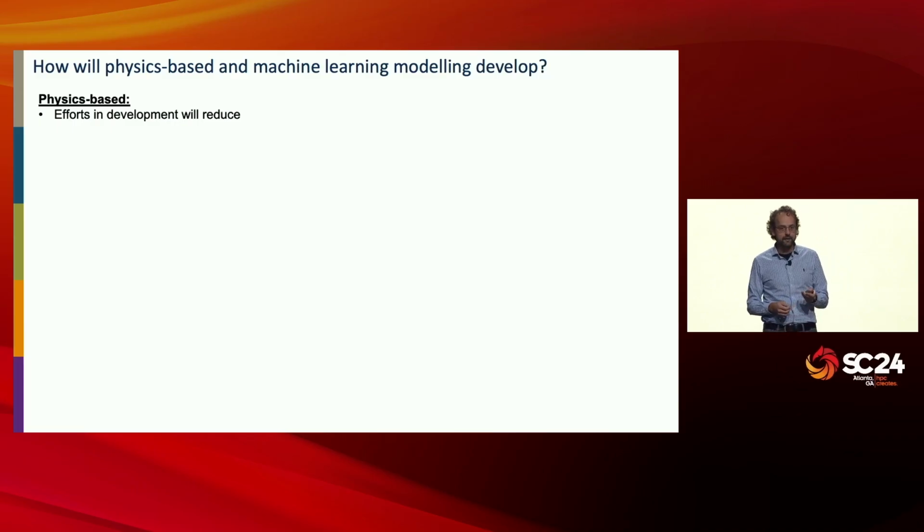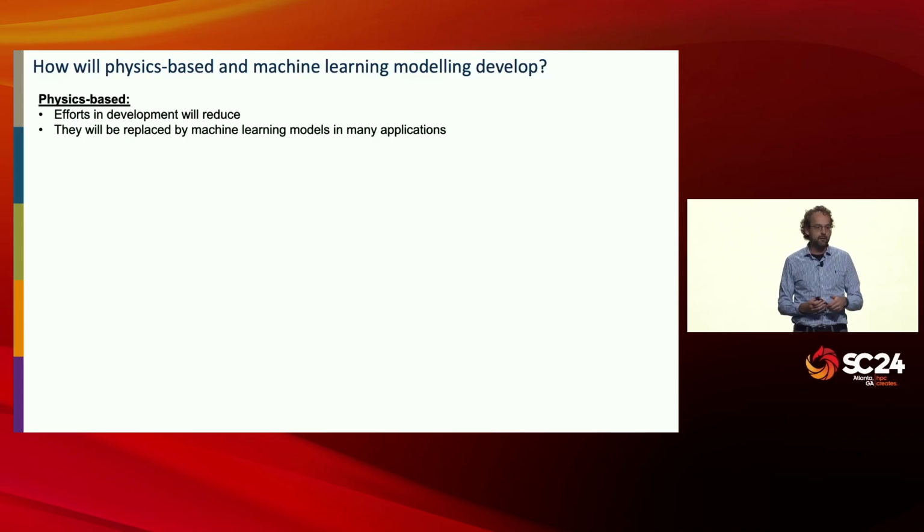It's also clear that physics-based models will be replaced by machine learning models in many application areas. If you get out your mobile phone in 5 years from now and check the weather forecast, I'm pretty sure it will come from a machine learned model, because score-based weather predictions are better for machine learning models than for physics-based models.